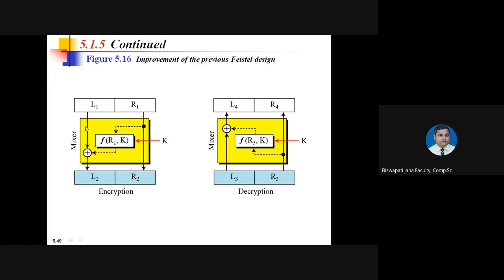Then the right side data and key are put into one function, and the result is XORed with the left hand side, and the new left hand side is generated. And the right hand side comes directly to the right hand side. So this is an improvement of the Feistel.